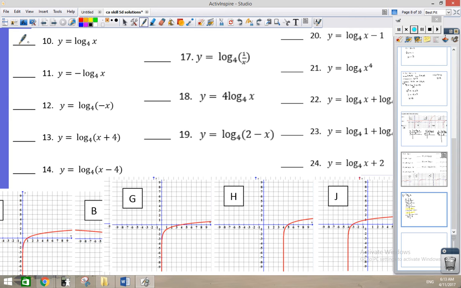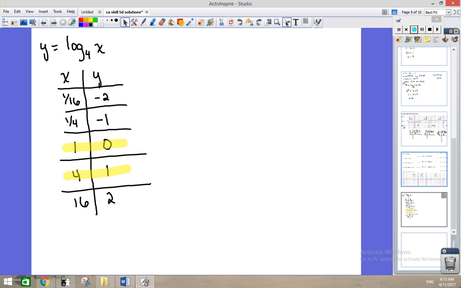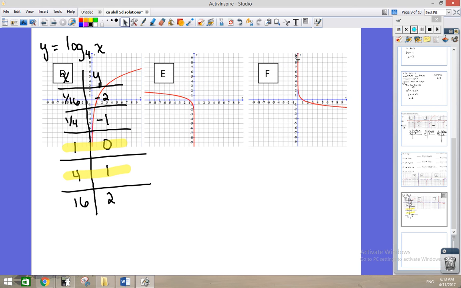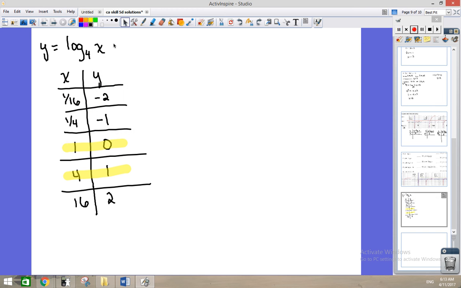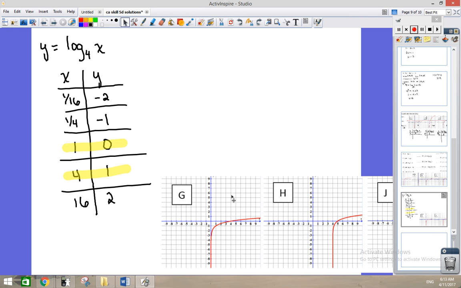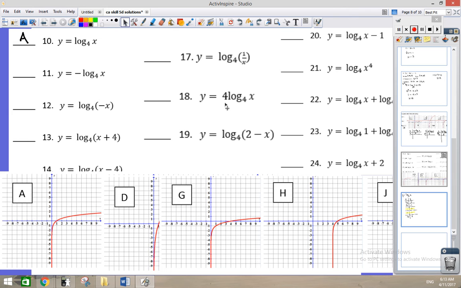So right now I believe that this is going to be A. This graph's not going through 4, 1, this is going the wrong direction, this has been flipped, so it can't be these. So A is looking better and better as I double check that it can't be one of these others, because I'm just basing it on those 2 points. If I have to look at more points, I can. This is 4, 0. Well, 1, 0 was our x-intercept. This has been shifted to the right, this has been shifted to the left, so I'm pretty confident that this first one is going to be the graph of A.